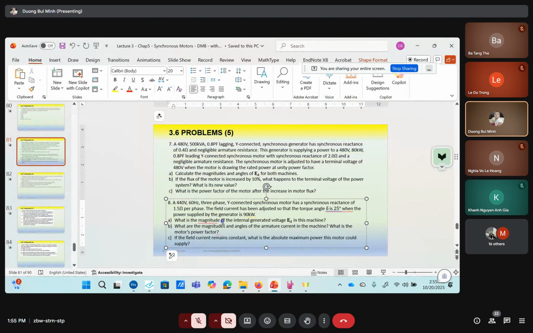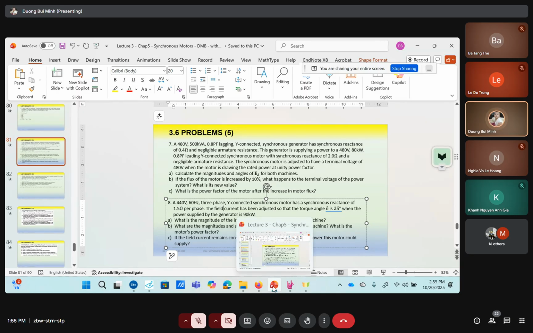What else? The field current has been adjusted so that the torque angle is 25 degrees when the power supplied by the generator is 90 kilowatt.